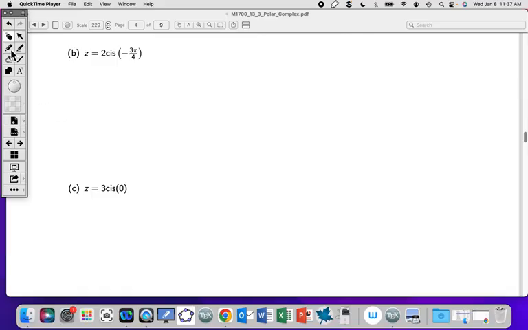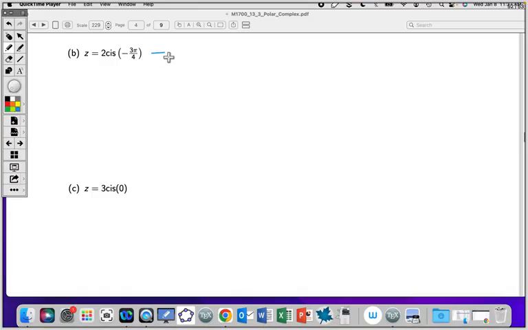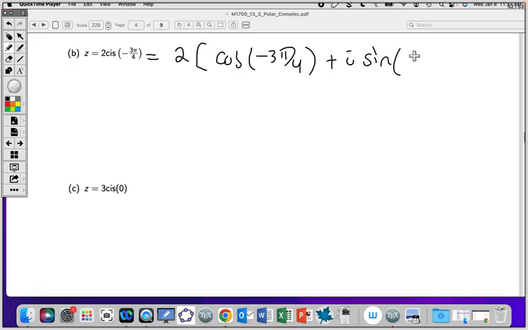Let's take a look at 2 cis negative 3 pi over 4. 2 times the quantity cosine negative 3 pi over 4 plus i times sine of negative 3 pi over 4. We can use the even-odd property of cosine.